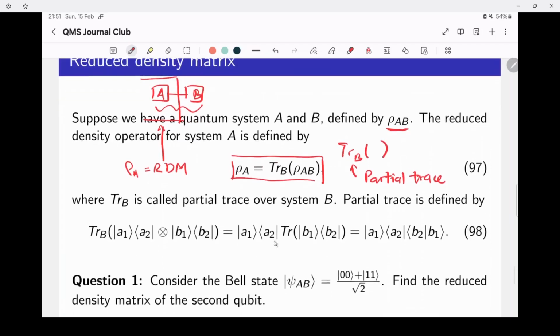And the partial trace, you can operate as such. So let's say your density matrix is given by this. Usually when we write 0, 0, sorry, usually when we write something like this, we mean the first qubit tensor with the second qubit.